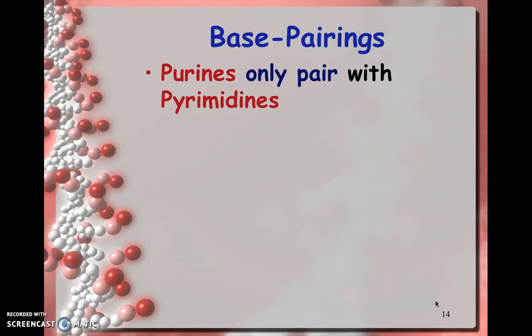You'll have one purine that pairs with a pyrimidine. You cannot have two purines that bond together, and you may not have two pyrimidines that bond together.